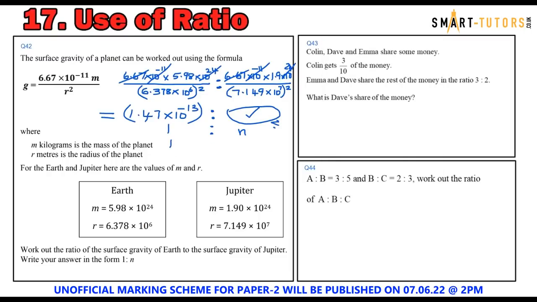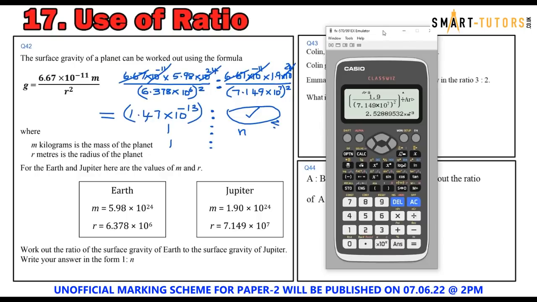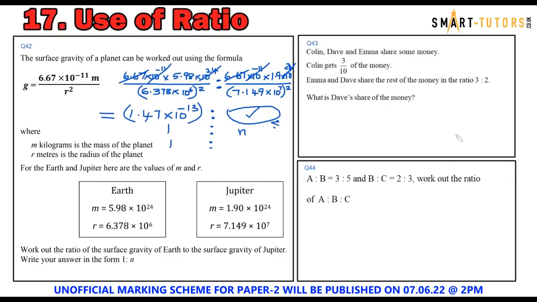So 1 is to 2 point something. I'm just going to use the calculator on my different screen. So this is going to be 2.529 times 10 to the power minus 3. So this is the 1 is to n format.